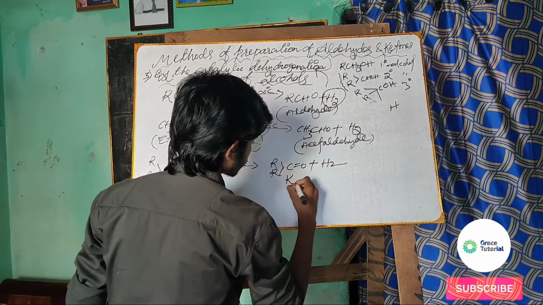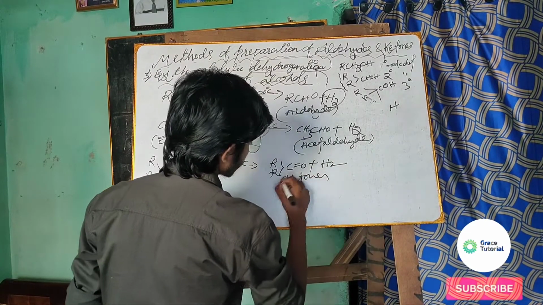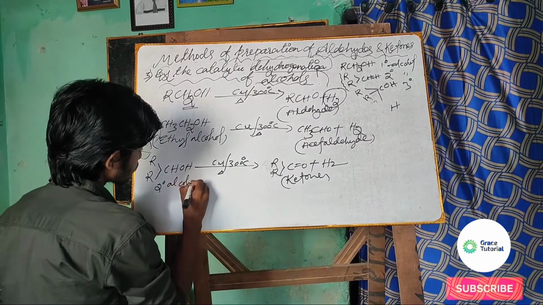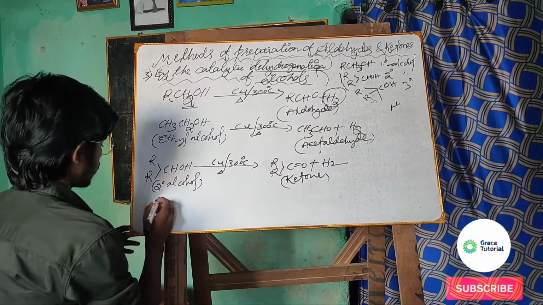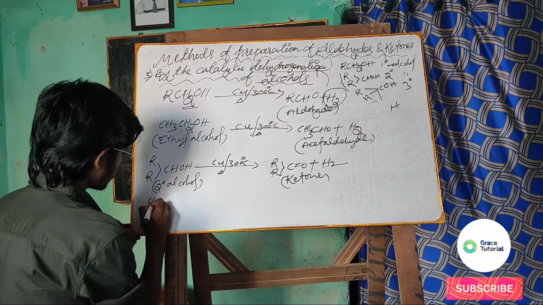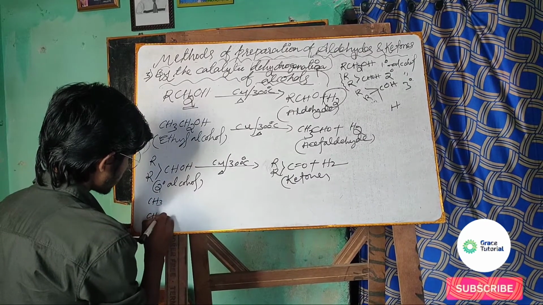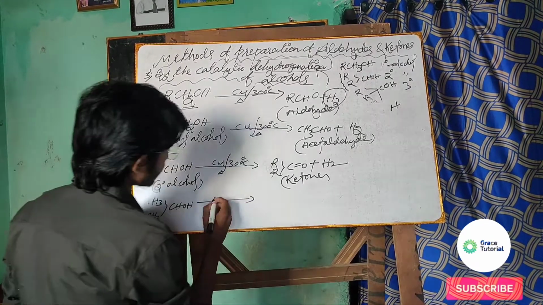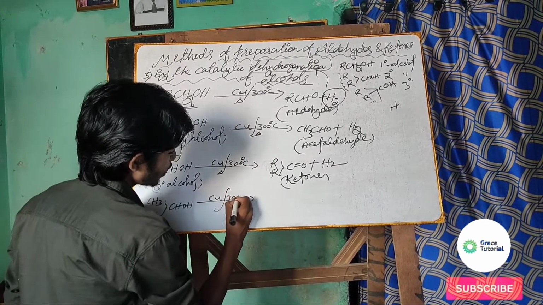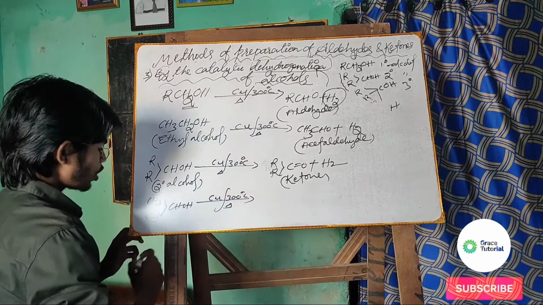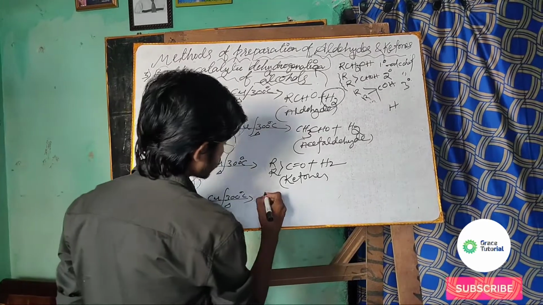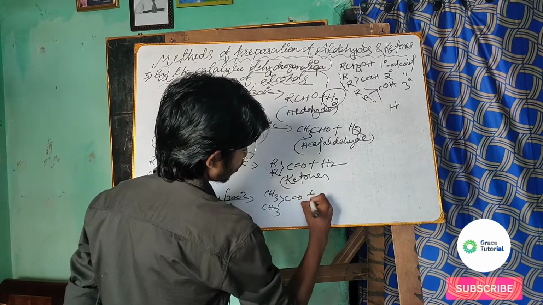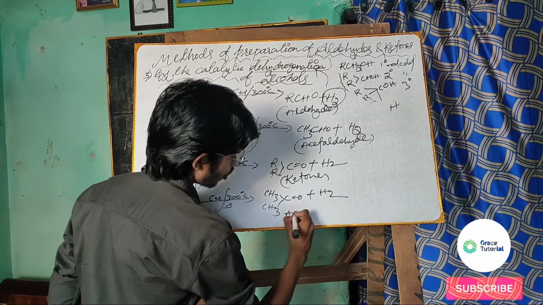This is the ketone, and this is the secondary alcohol. Let me give you the specific example. If I place CH3, CH3, CHOH, isopropyl alcohol, and it is heated with copper at 300 degrees centigrade, the hydrogen is removed. That means CH3, CH3, C double bond O, and hydrogen. So this is acetone.